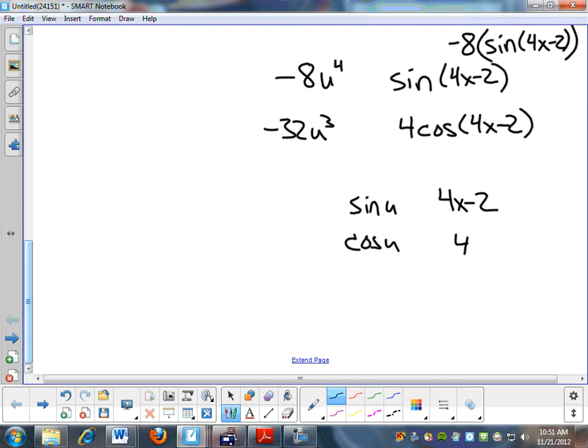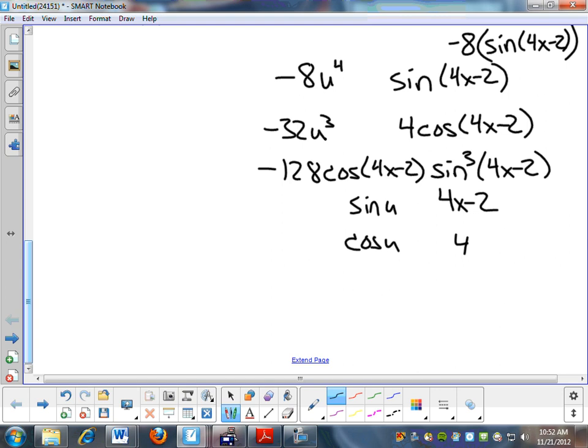So now I can take and multiply them together, correct? Negative 128. You could have cosine of 4x minus 2. That'll be fine. And then we have u to the third. So sine to the third of 4x minus 2. And that's that derivative. Nope, done.